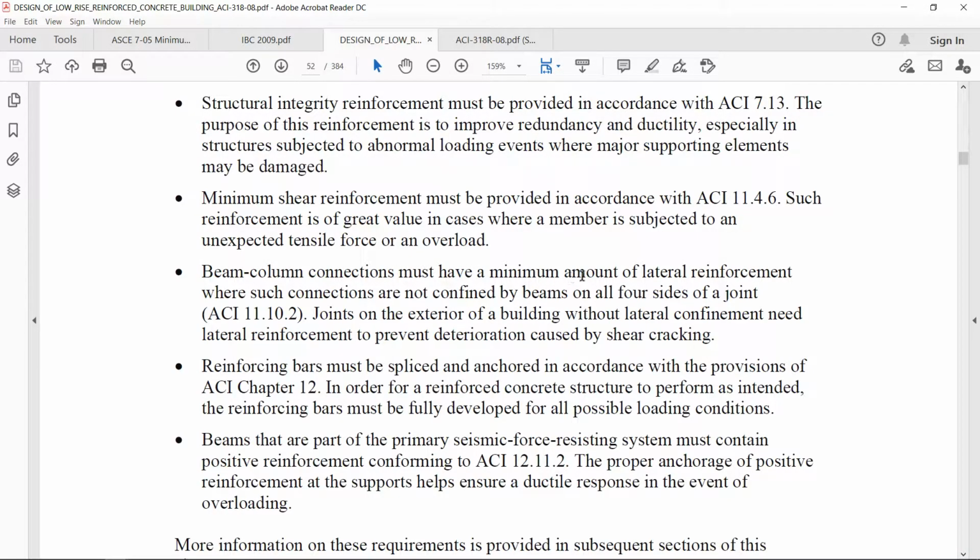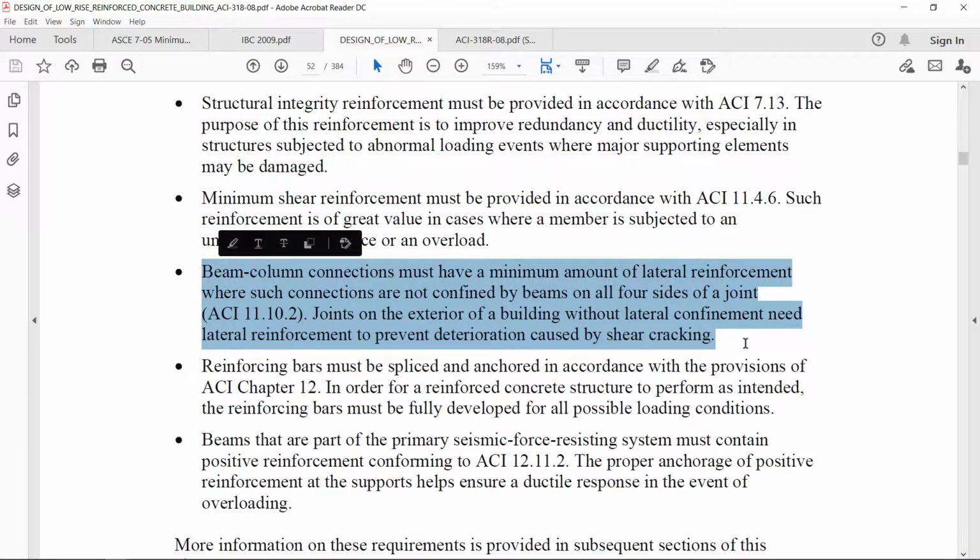It must have a minimum amount of lateral reinforcement where such connections are not confined by beams on all four sides of a joint. This is as per para 11.10.2. Joints on the exterior of a building without lateral confinement need lateral reinforcement to prevent deterioration caused by shear cracking. So you must check that you are meeting this minimum requirement, especially for the connections.